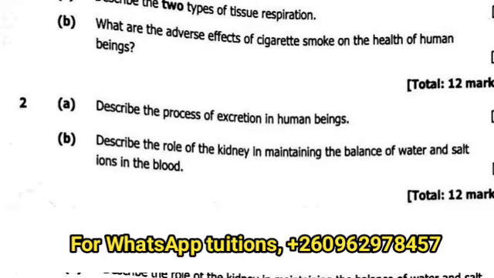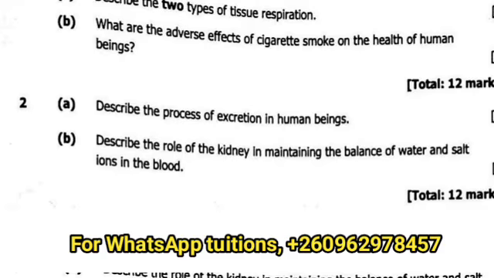Glucose is not a waste product. So glucose has to be reabsorbed back from the glomerular filtrate into the bloodstream. It has to leave excess salt, excess water, and urea. That's selective reabsorption.